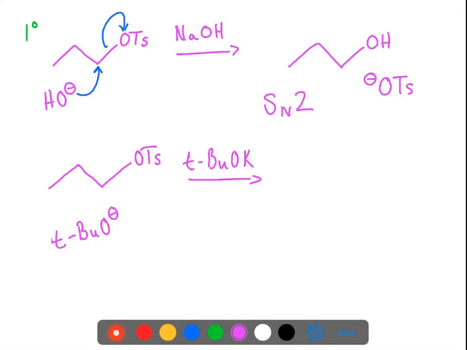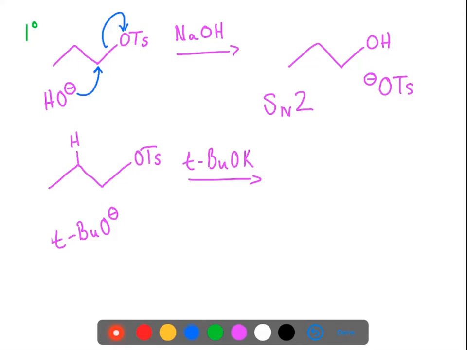So when presented with a primary alkyl halide, where we would expect an SN2 reaction, for this particular species, the elimination reaction will be favored. And so it is going to be a hydrogen at the beta position, and I'll explicitly show that here.